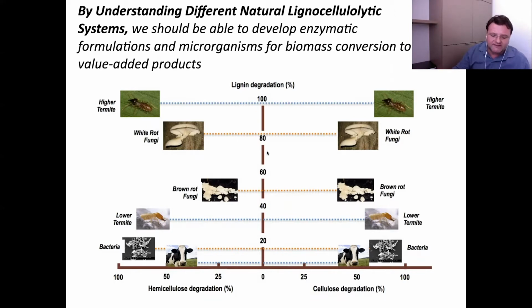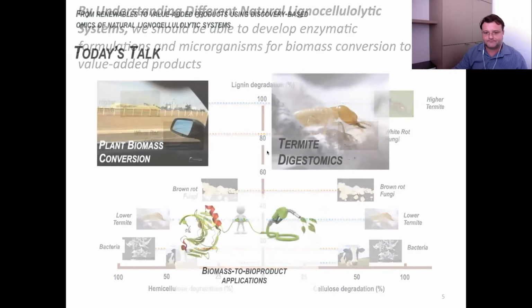And our hypothesis is that by understanding biomass conversion in these natural utilization systems, these studies will help us to develop biocatalytic strategies and harness the potential of converting plant biomass into chemicals and commodities.